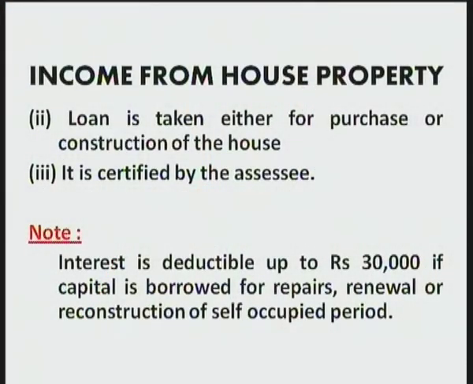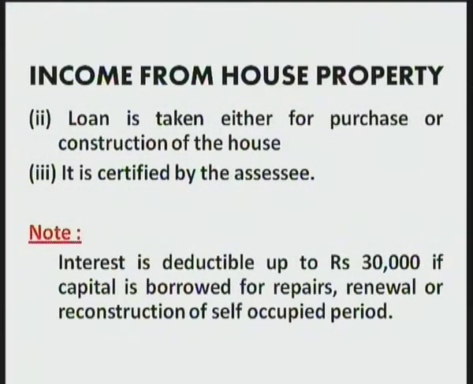And third, it is certified by the SSC. It means the SSC is required to certify that the loan which has been taken either from a commercial bank or any financial institution has been fully utilized either for purchase and construction of the property which is reserved for the residence of an SSC.